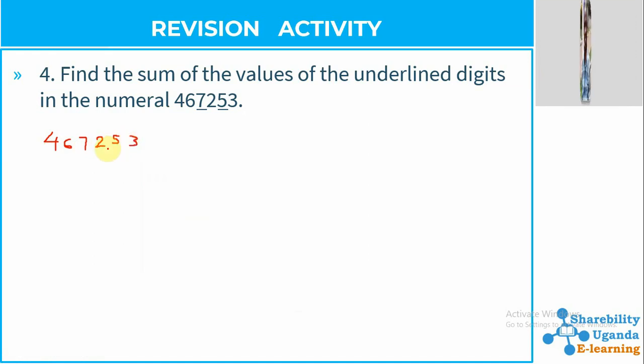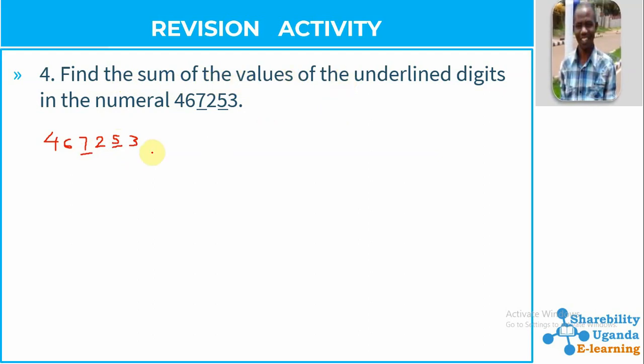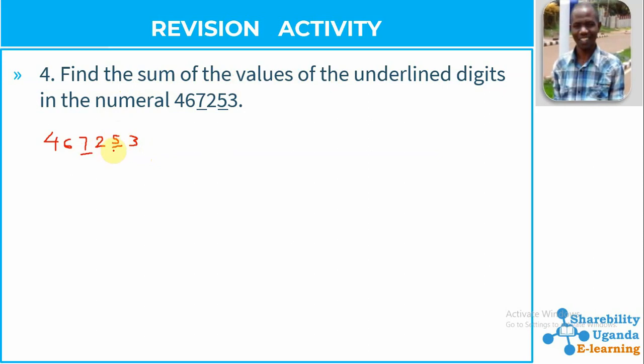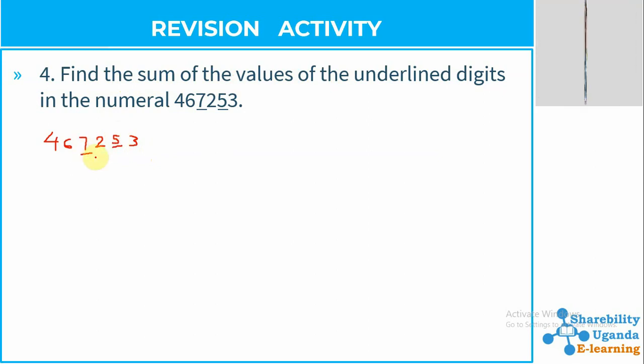Which numbers are underlined? We have a 5 and a 7. They want us to find the sum of the values of the underlined numbers, so we look at these specific numbers and get the sum of them, which is addition.